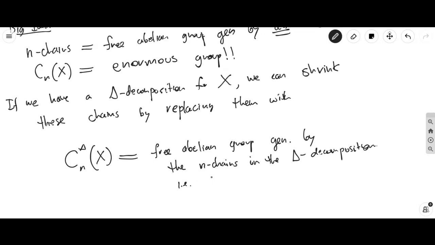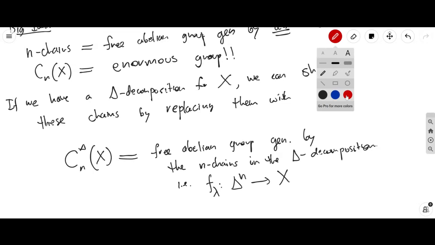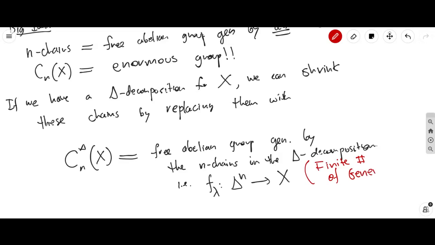In other words, it is going to be the f lambdas from delta n into X. You're going to look at those f lambdas that are defined on the n simplex, and you're only going to use those. That's a finite number, right? This is a finite number of generators.